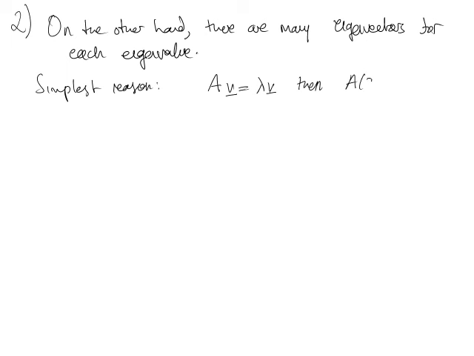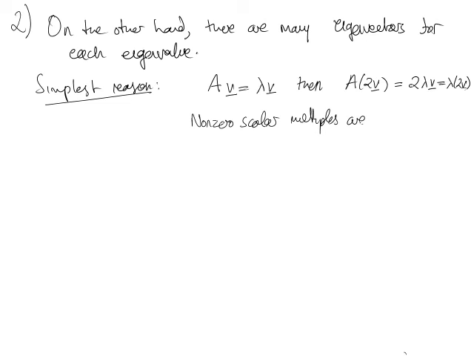Then A times twice v is just equal to 2 lambda v, which is equal to lambda times 2v. So if something's an eigenvector, all of its non-zero scalar multiples are also eigenvectors.